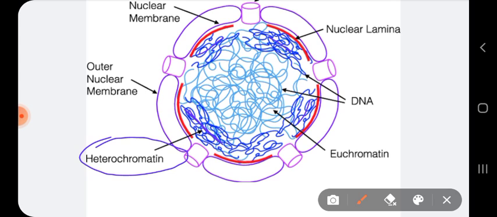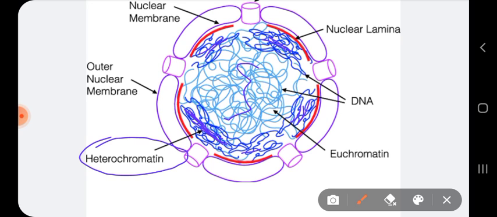Normally these heterochromatic regions are genetically inactive because they are not active in DNA synthesis or RNA synthesis.